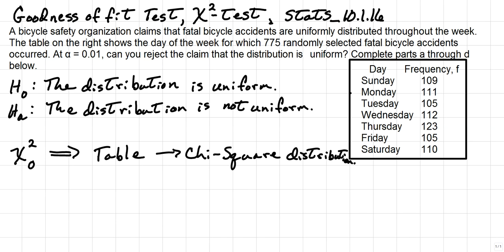As stated above, alpha is 0.01, and for degrees of freedom, there are 7 days in the week, so we subtract 1 from that. So our degrees of freedom will be 6. We go to our table for an alpha of 0.01 and degrees of freedom of 6.